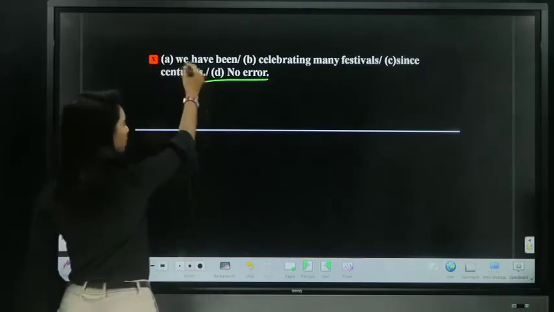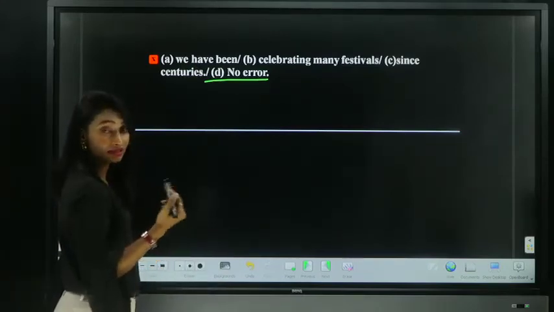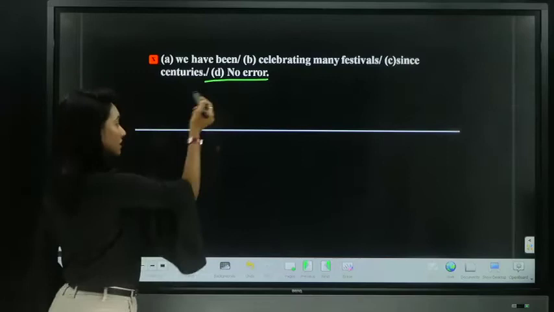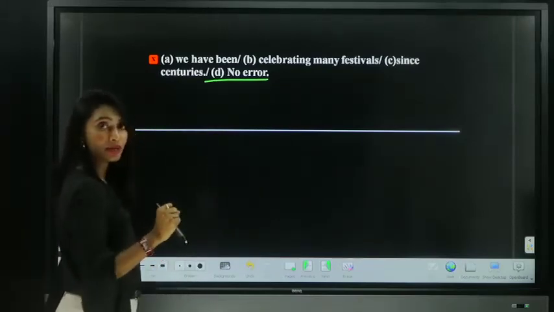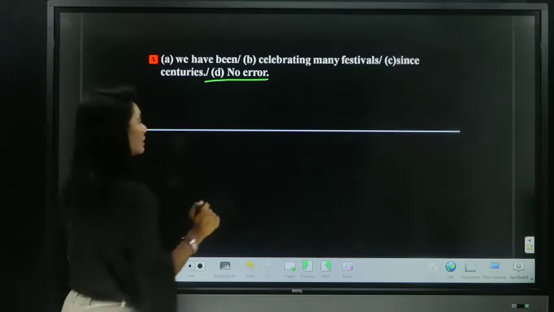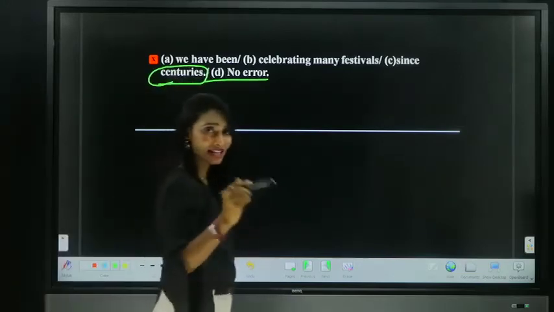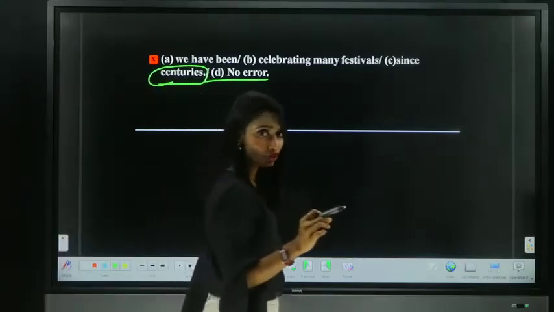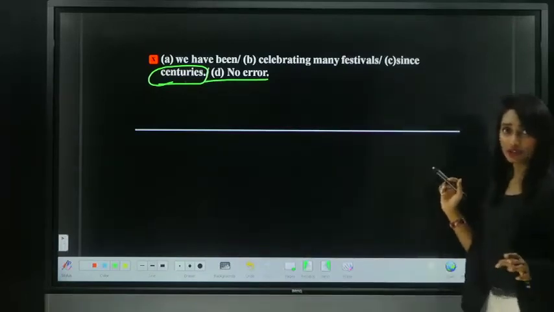So you want will have been? No, it's in past. It started in the past centuries, is still continuing and ends somewhere in the future. That means it should be in present perfect continuous only. See, the thing here is centuries. Which centuries? Any particular time is there? No, there is no particular time mentioned. It is just centuries.